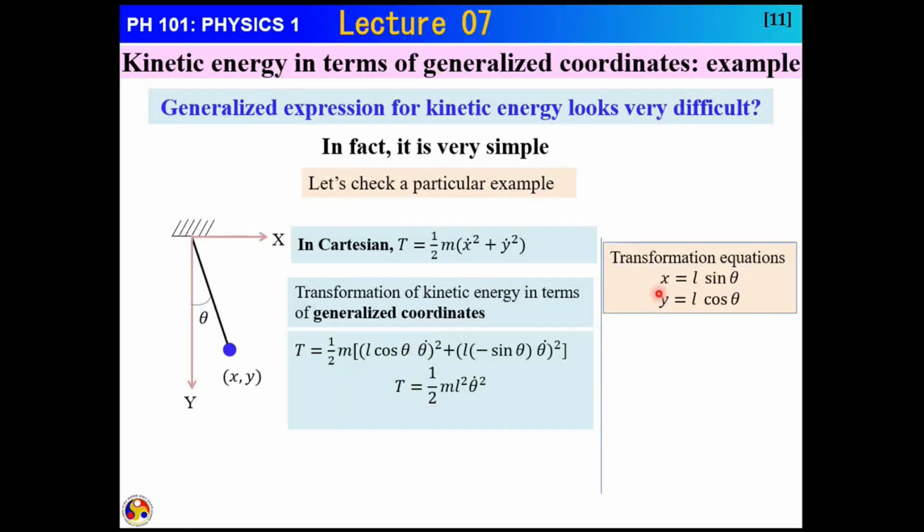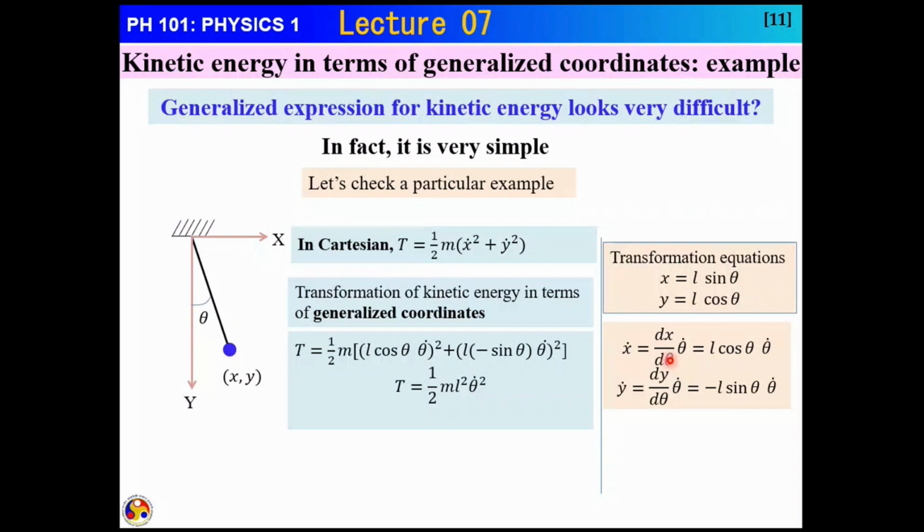We know the transformation: x is equal to L sine theta, y is equal to L cos theta. If you want x dot, you can do dx by d theta times theta dot. Since we have only one generalized coordinate, there will be only one term. If there were two generalized coordinates, then there would be two terms.